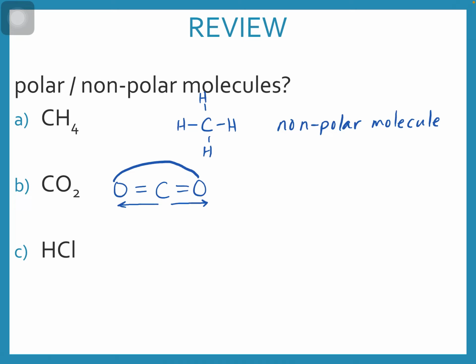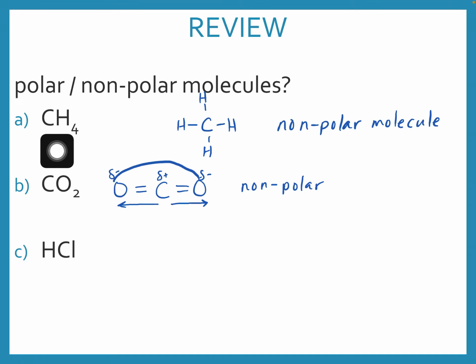Although the bonds themselves are polar, so we do have a slightly positive and a slightly negative end, because of our symmetry these vectors would cancel out, and we have, once again, a non-polar molecule.